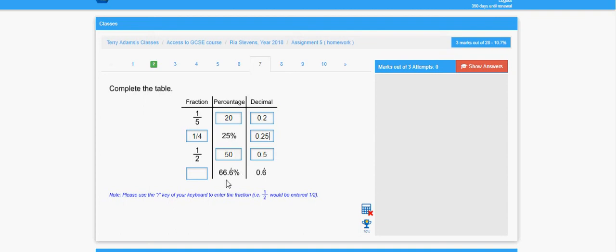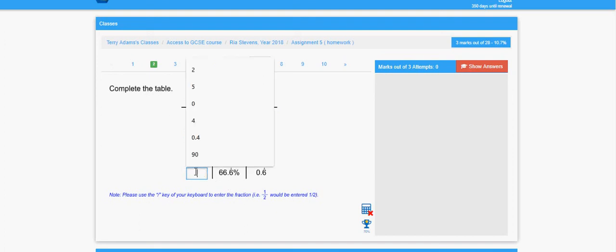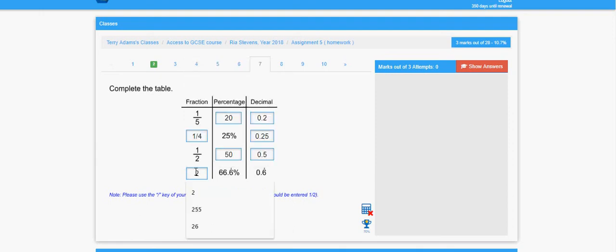And then we've got this one with the recurring point, and to convert this to a fraction you would actually use higher-level algebra. So it's worth remembering 0.3 recurring is a third, 0.6 recurring is 2/3.